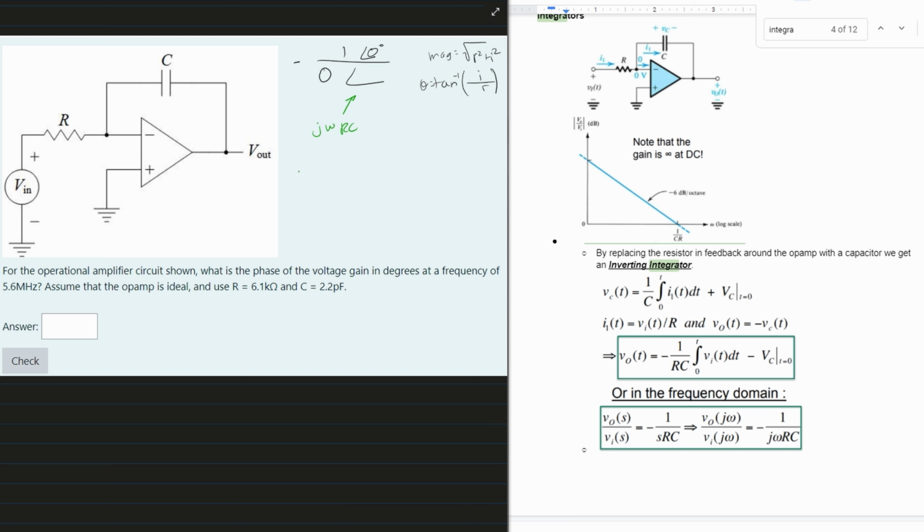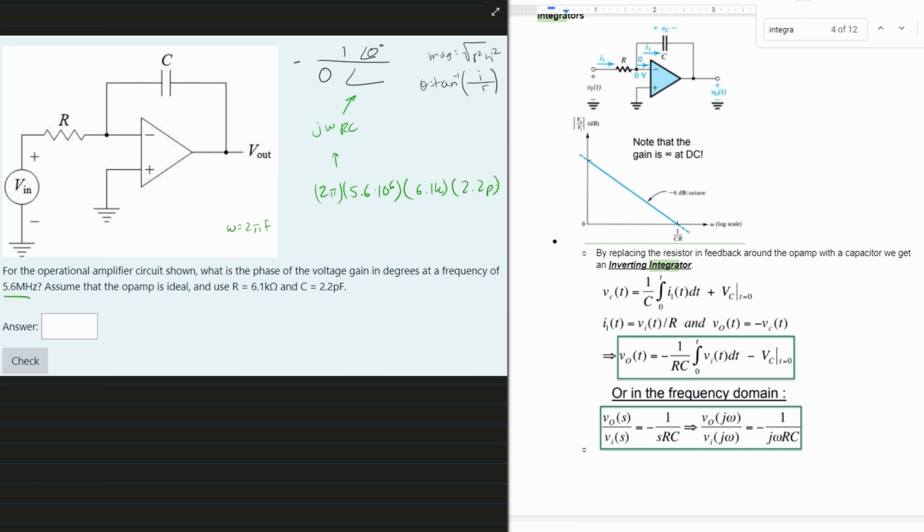Our omega, we know, is equal to 2 pi f, and our frequency is 5.6 megahertz. So into a calculator, we're going to plug in 2 pi times our 5.6 times 10 to the 6th. Then we have our R, which is 6.1 k, and our C, which is 2.2 p.